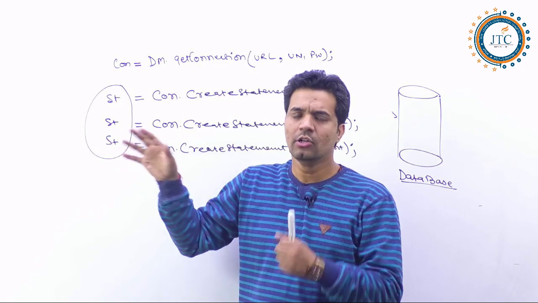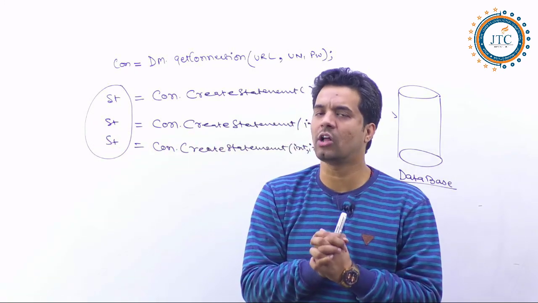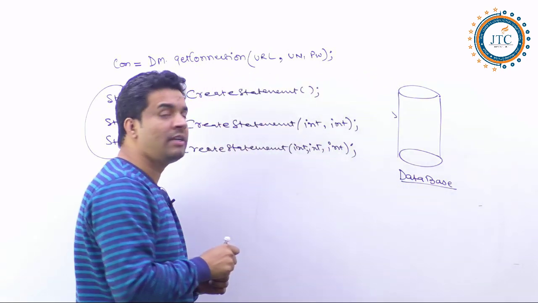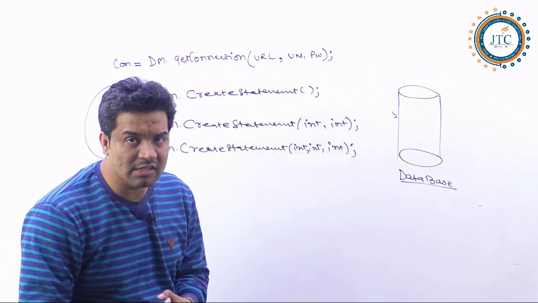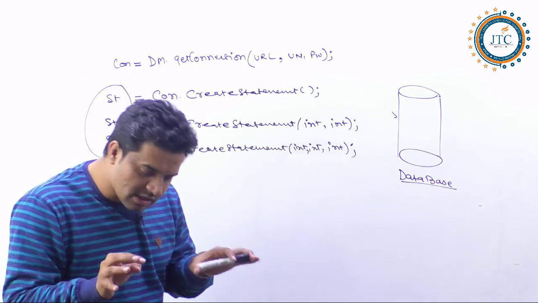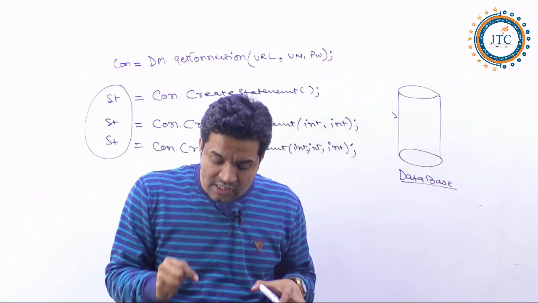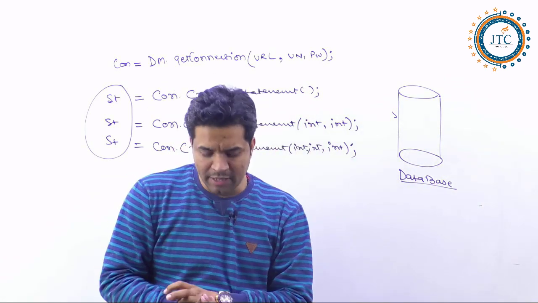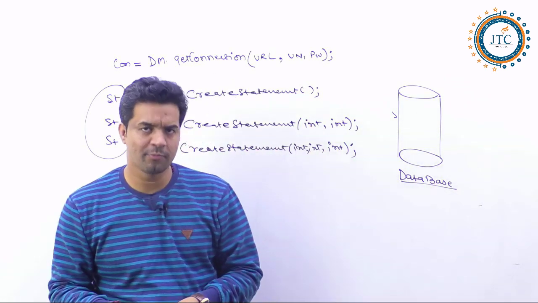Correct? I'll come to all those points, what these parameters are. These parameters are constants, and I'll tell you right now what the benefit of writing these parameters is, based on these parameters itself.